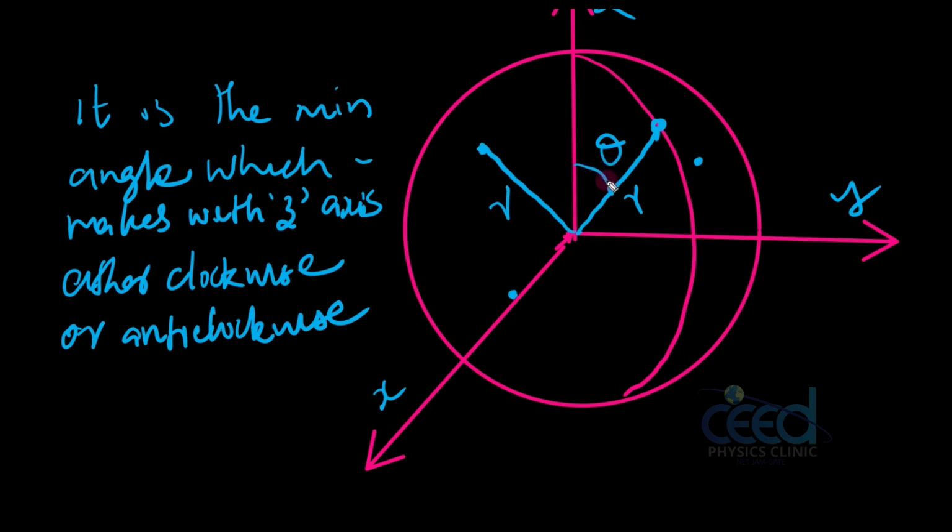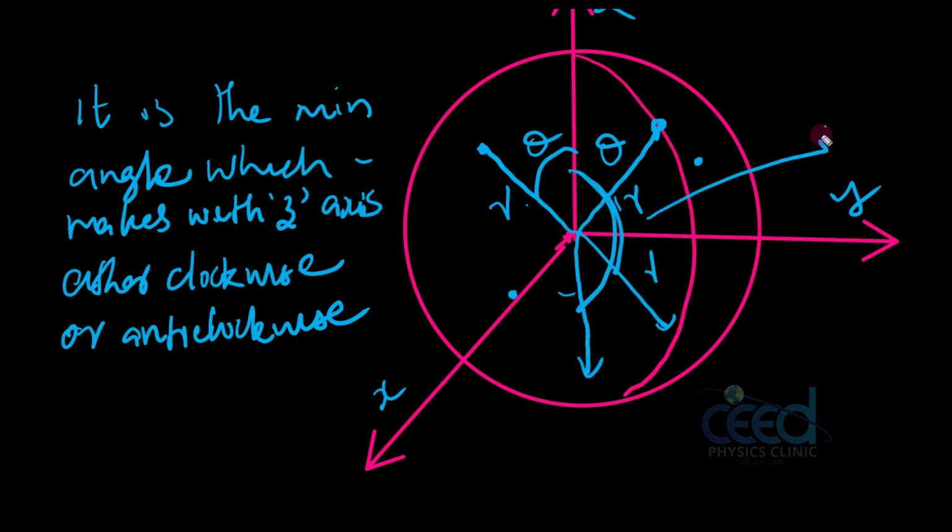Then theta, you can't take like this, it is the minimum angle. So you have to select from the z axis like this. This is theta. If here is your r, then this is theta. It can take a maximum up to this, so it can take a maximum value of pi.